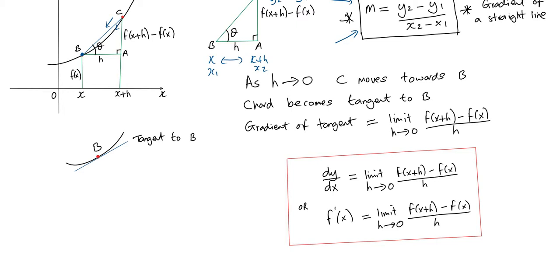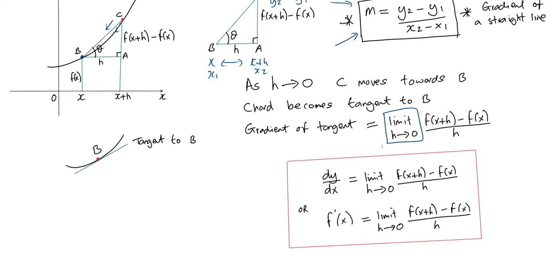And so as h tends to naught, C moves towards B, and the chord becomes the tangent to B. So the gradient of the tangent is this. We've just proved that before, but we have to put in the limit as h tends to naught. It's very important that you include that.